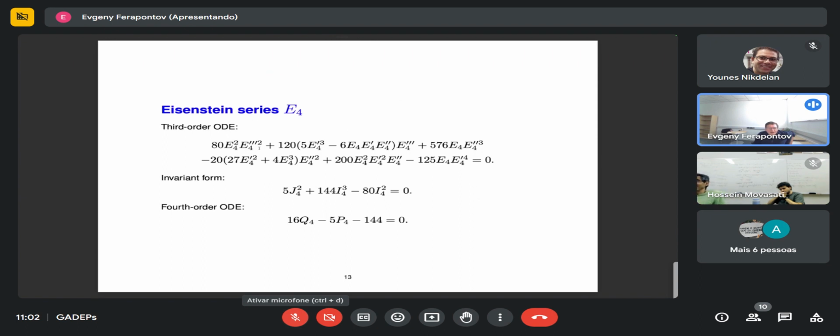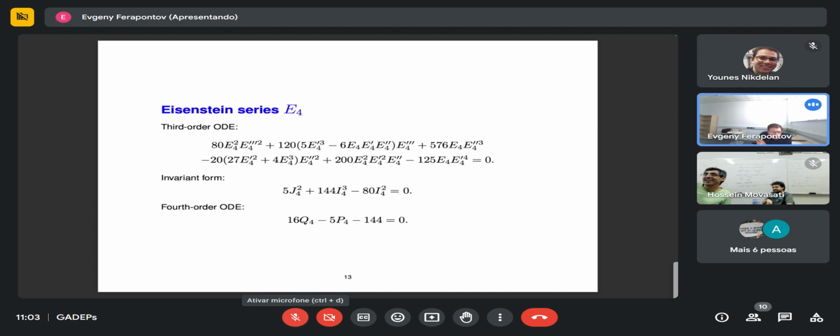You see, it's not quasi-linear, it's quadratic in the highest derivative, right? So this is the explicit form of this third order ODE. As I said, all coefficients are integers and all monomials in this equation are algebraic expressions in the derivatives. It's an algebraic equation.